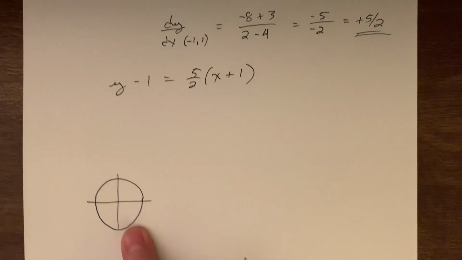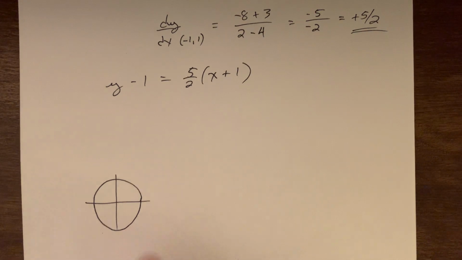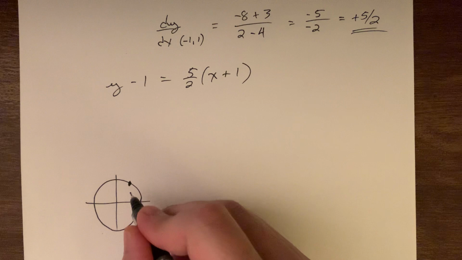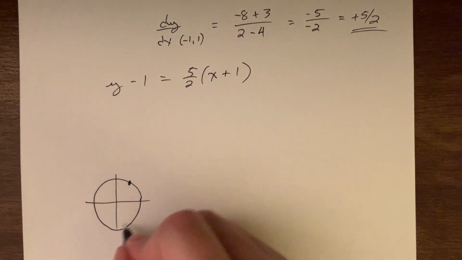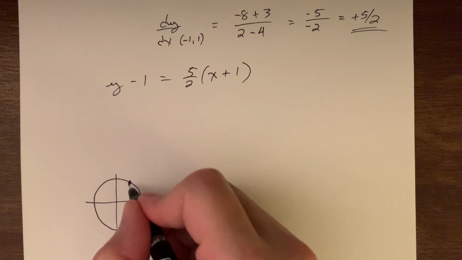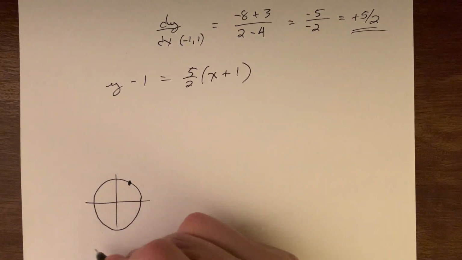My graph is not pretty here, but good enough. And let's pretend that we had an object. Maybe it's like a bug or something like that, or maybe this is like a satellite orbit. So we actually have an object that's traveling along this curve, okay?